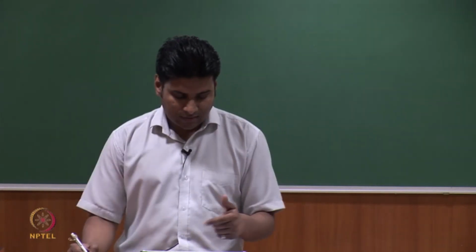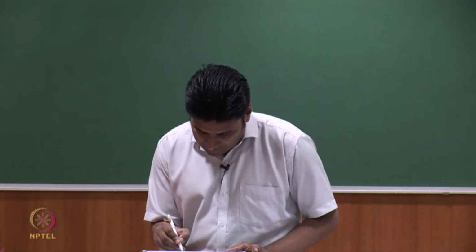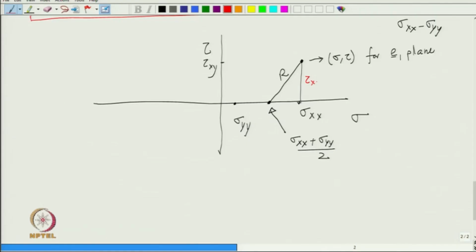Can you see, is it really matching with our formula? Then yes, it is matching. See, the vertical line is tau x y, and what is the horizontal line? What is this value? Sigma x x minus sigma y y by 2, is not it? And this is what that triangle was.